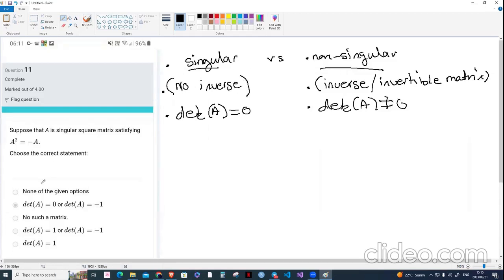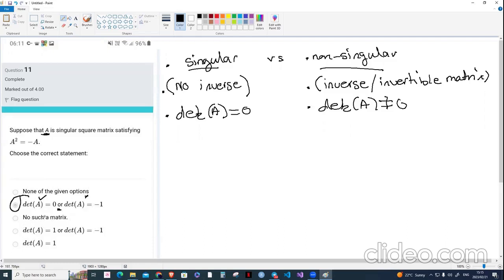Now let's see what we have here. They say it satisfies this. Choose the correct answer. The determinant of A, which is this A, they're saying is 0, or the determinant is minus. Well, this one is correct, and because of this or, it makes the whole statement true, because you already have one that is true. This one is wrong, but because this one is true, it makes the whole thing correct. Then no such matrix.